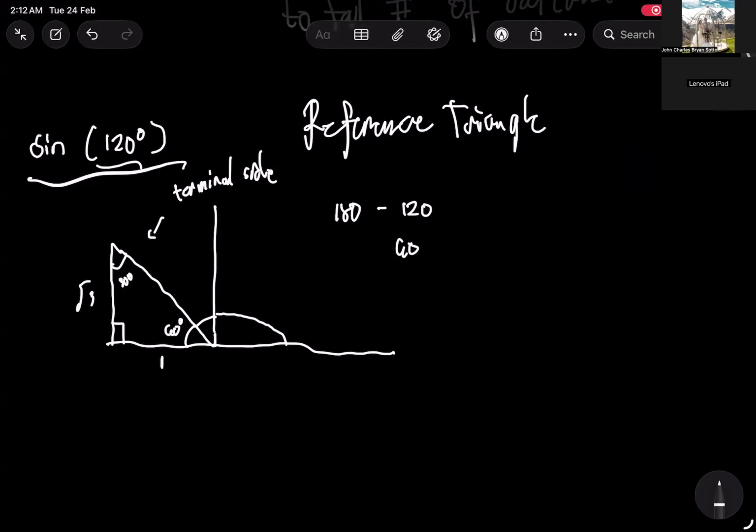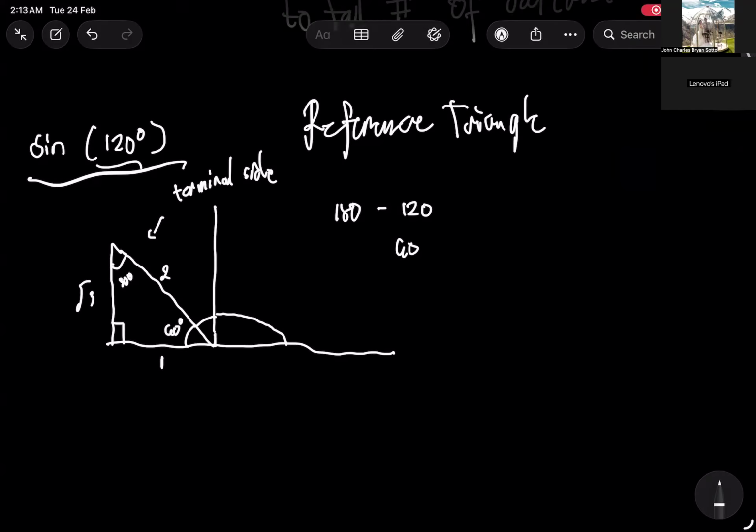The shorter leg is 1, and the hypotenuse, since it's times 2, will be 2. Ito yung ratio na dapat nating matandaan pag 30, 60, 90 triangle: 1 yung shorter leg, square root of 3 yung longer leg, 2 yung hypotenuse. Kapag walang given na measurement, yan yung automatic na measurement na gagamitin natin.